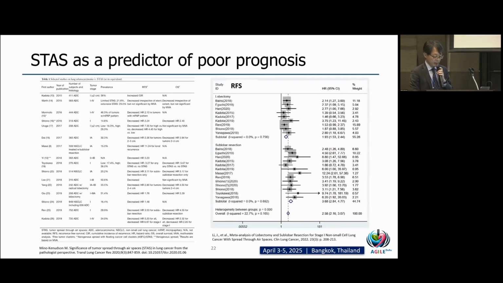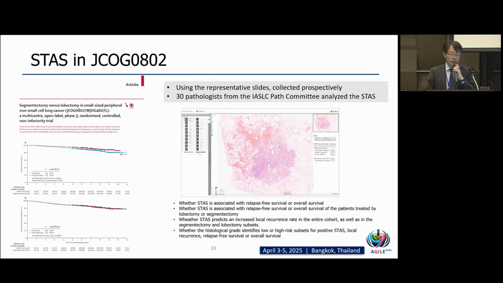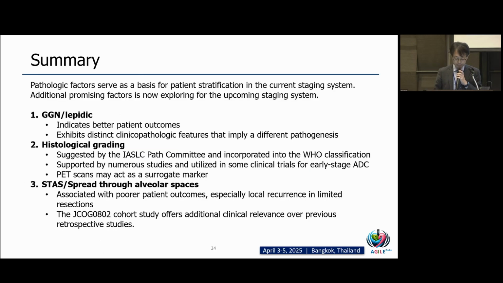You can see the list of this publication. However, most of them are retrospective studies. Therefore, using JCOG 0807, the I-ELCAP committee is going to examine the clinical significance using this prospectively collected material.